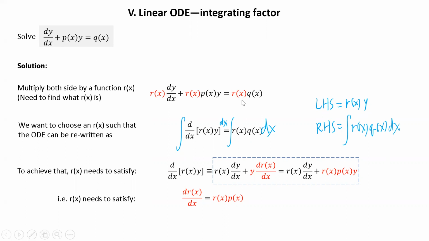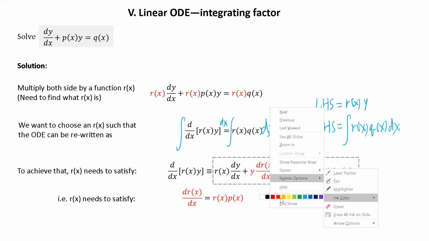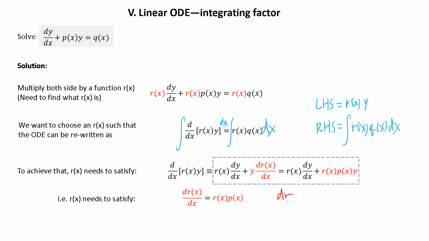To solve for r, from this condition we have to solve this new differential equation: dr/dx equals r times p of x.